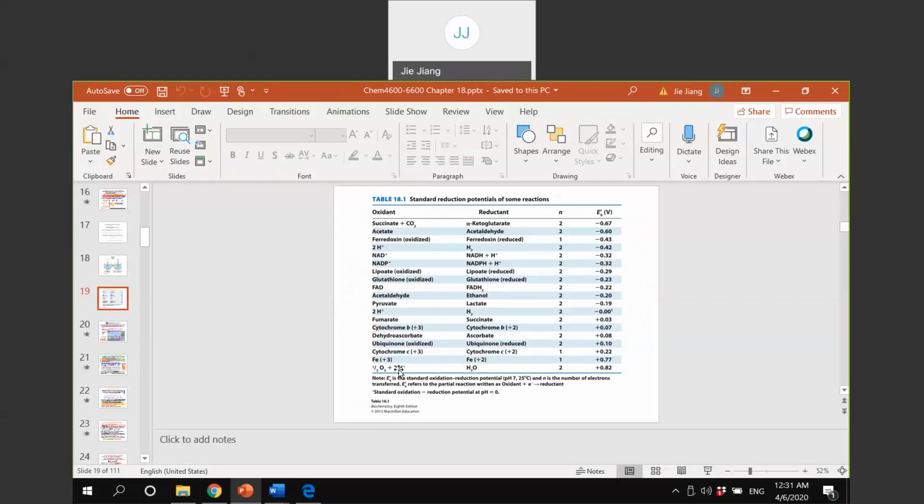So that means when oxygen reacts with hydrogen, oxygen will have a higher affinity for electrons, so it will accept electrons from hydrogen, I mean hydrogen plus. So what do these numbers mean? This positive or negative value, you have to know, indicates the affinity for electrons.